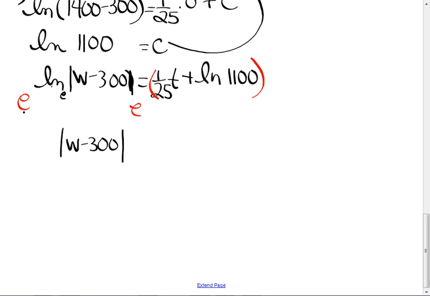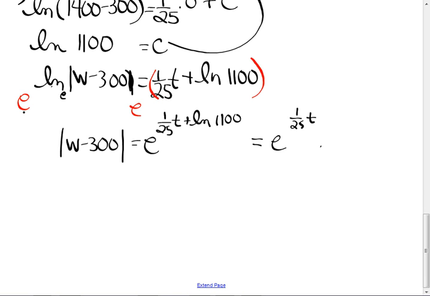Actually, when I think about it, this is a lot easier problem than last year. So it's e to the 1/25 t plus the natural log of 1100. A lot of students had that, and then they changed this and made it plus a log of 1100. That's not true. It's this. You may leave it like that. I think it's safer to leave it like that.